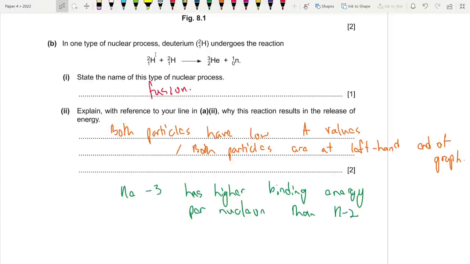Think about it. The best way to find this out is by using the mass defect. We could find out the mass defect, and you would see that the mass is actually smaller on the right hand side.